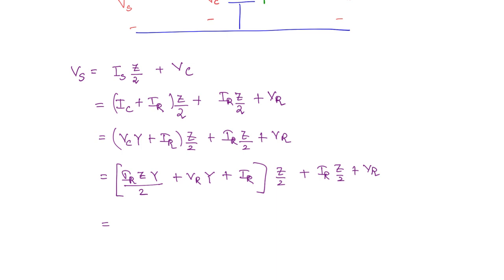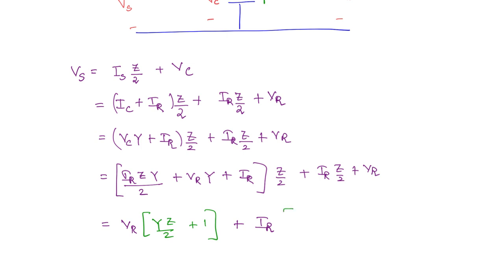So now we want to express as something into Vr. So we will first take out Vr common. So what are all left here? Y Z by 2, this term, right? This is Y into Z by 2 plus here you have 1. Okay. So plus 1 plus Ir. Here you have this term and this term. 3 terms you have. Okay.